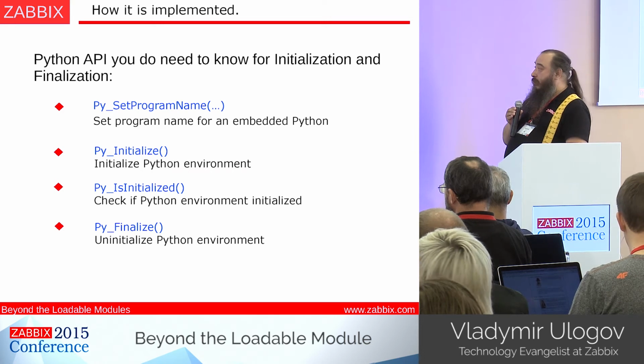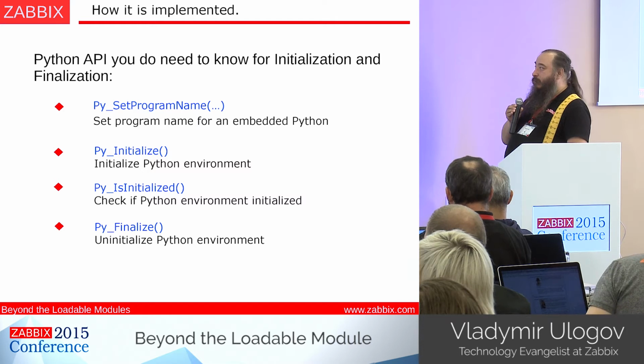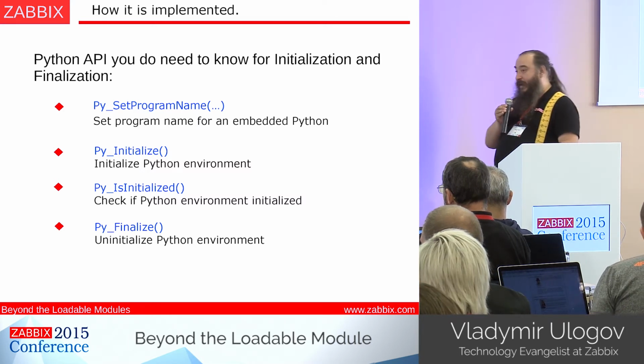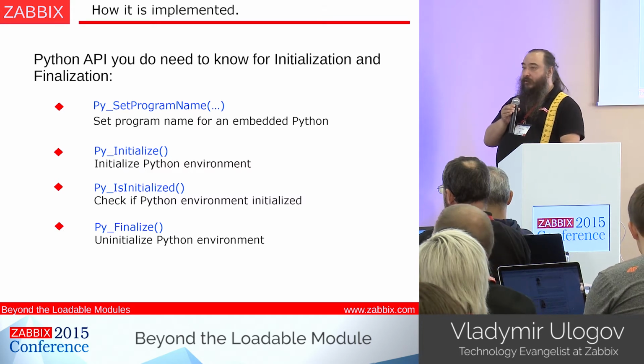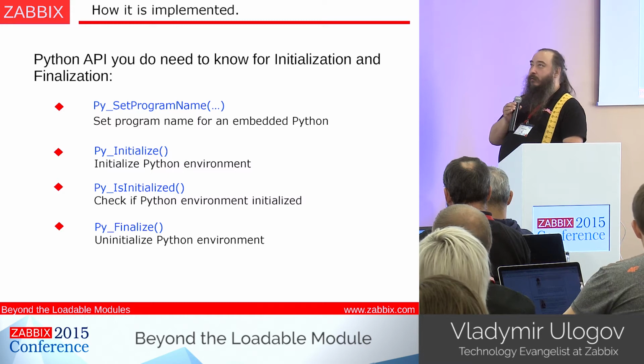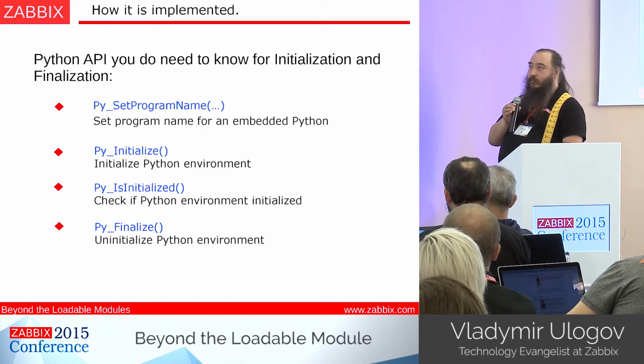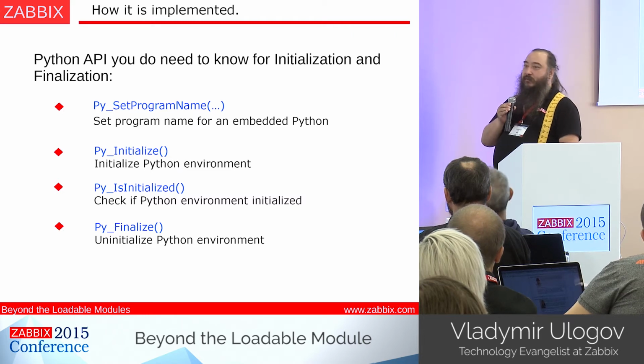Next, you run Py_Initialize, and in fact, it would probably be a better idea to run Py_InitializeEx and pass 0 as the parameter, which will prevent initializing Python exit hooks, which will be nice for Zabbix.